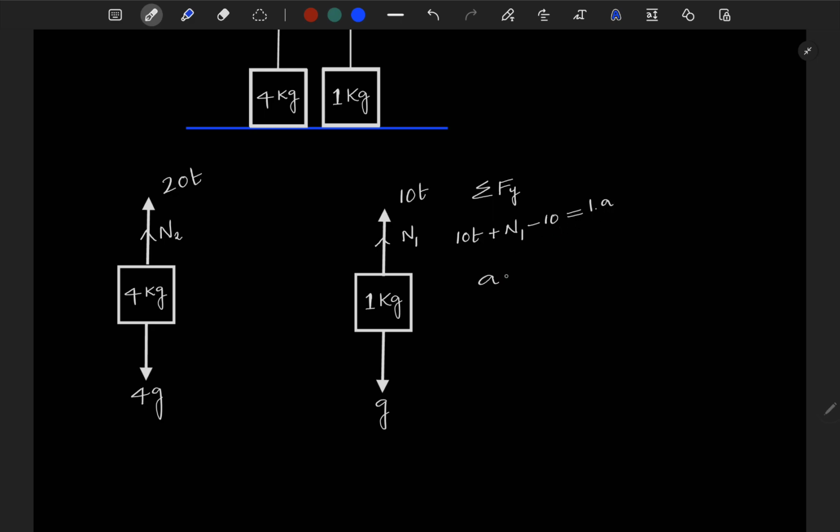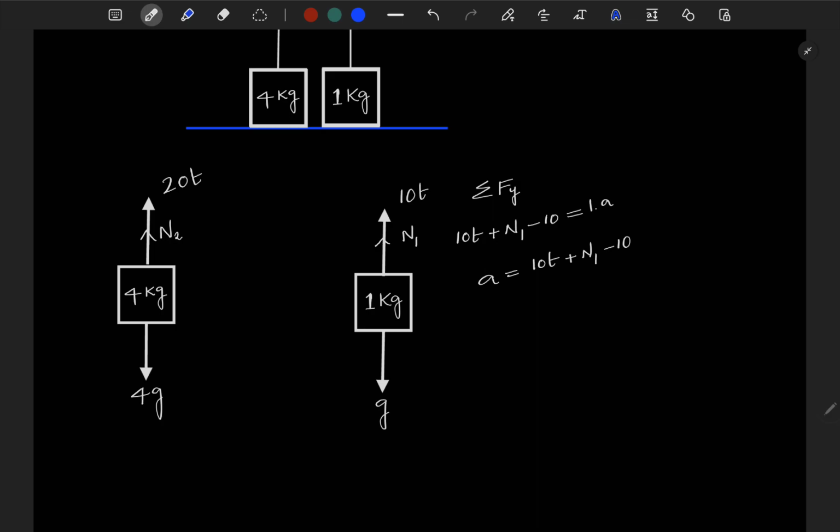So the acceleration of the 1 kg block is actually 10t plus N1 minus 10. But what you have to realize here is, when you substitute t equal to 0, then N1 is non-zero. The block still has no acceleration.